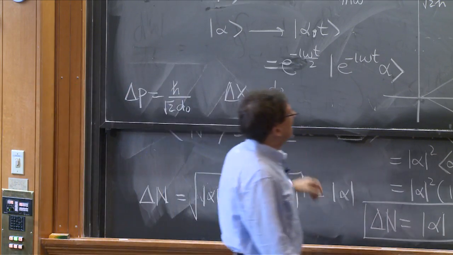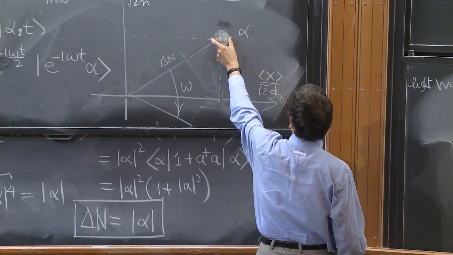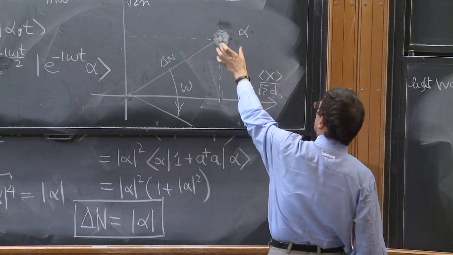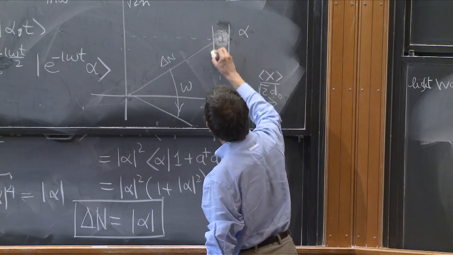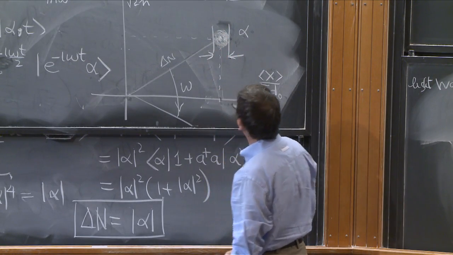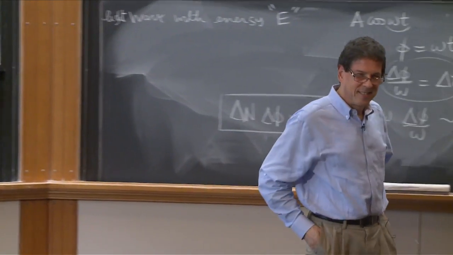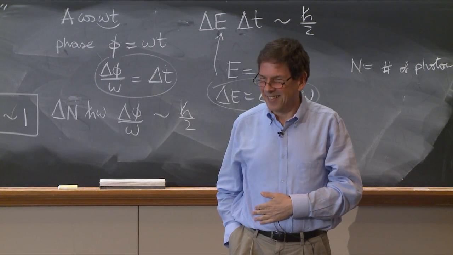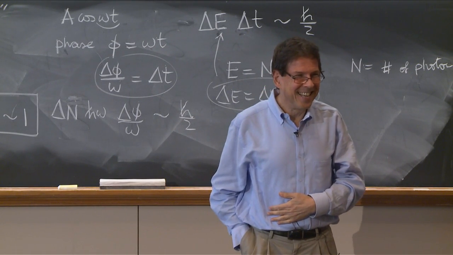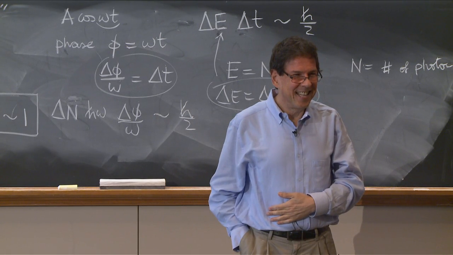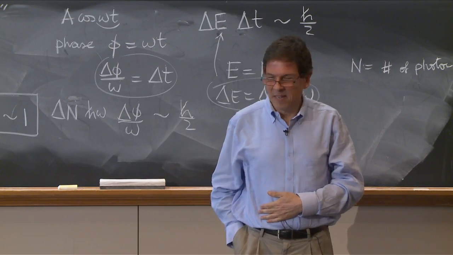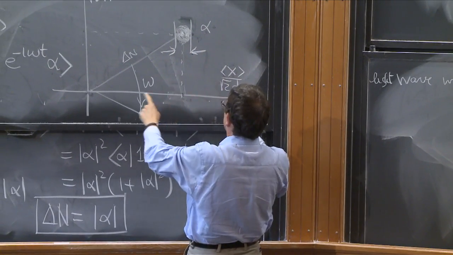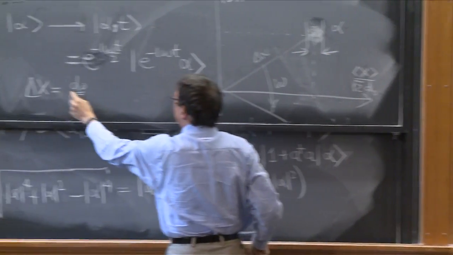Now look at this. How big is this thing? If the uncertainty in x is d naught over square root of 2, this width is about how much? Roughly. Yes? Nobody? This is the uncertainty in x, d naught over square root of 2.